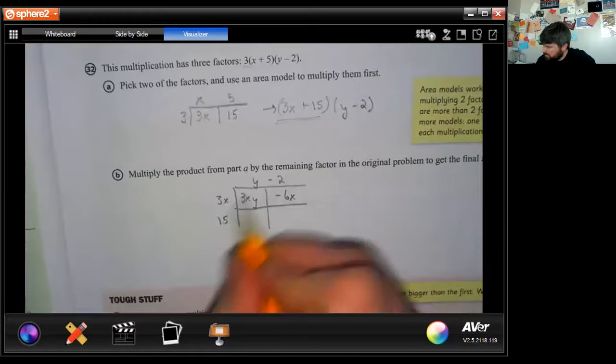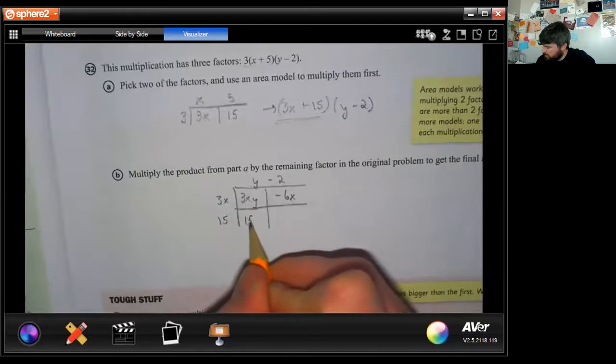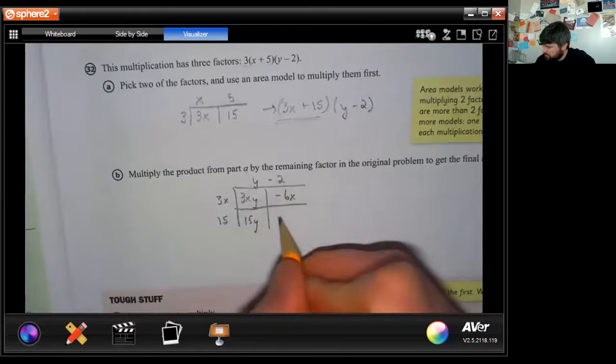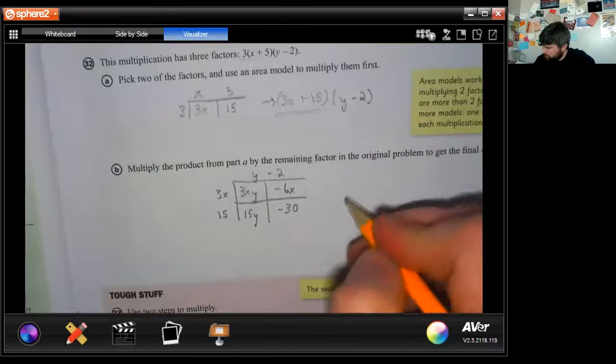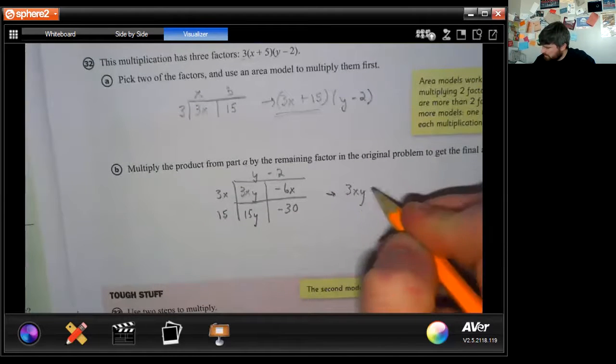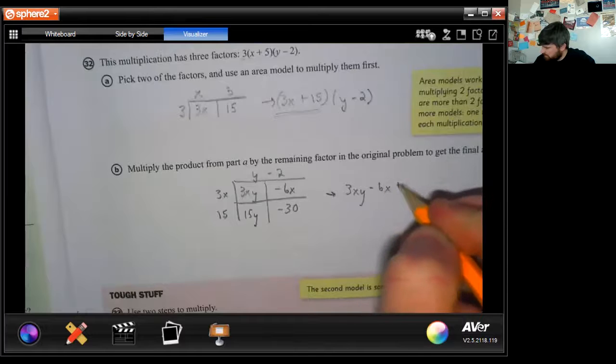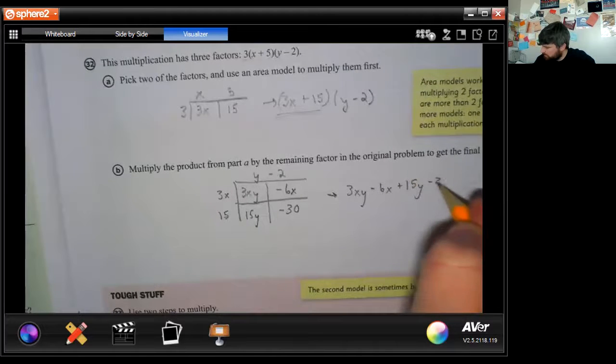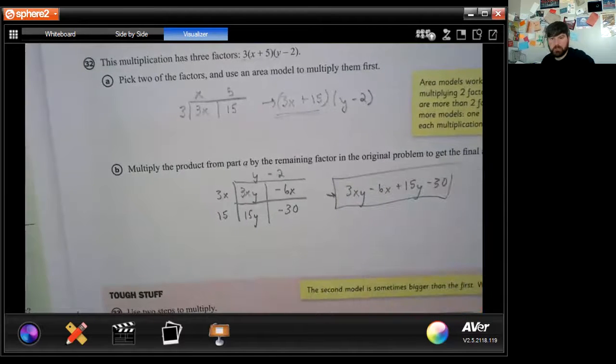You have 15 times y, which is 15y, and you have 15 times negative 2, which is negative 30. So in the end, you have 3xy minus 6x plus 15y minus 30. And there's your answer.